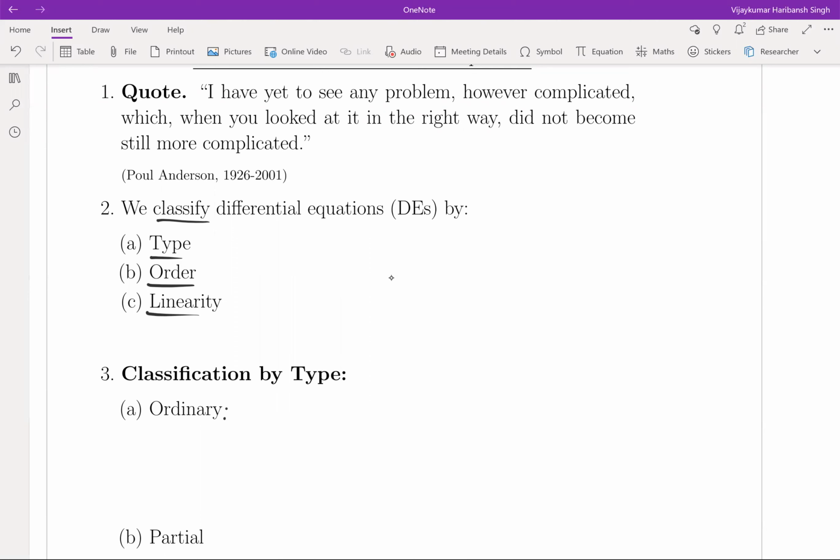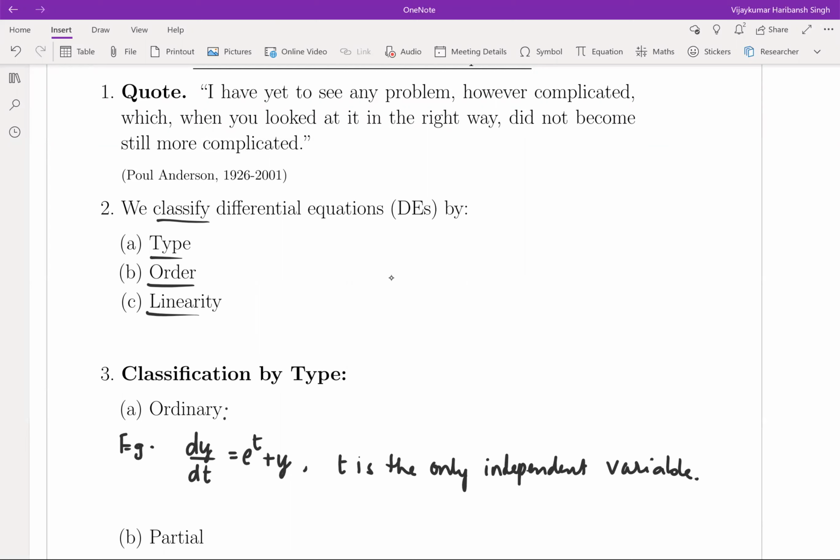So let me give you an example. Differential equation dy by dt equals e to the power t plus y. This is an example of an ordinary differential equation where t is the only independent variable. So you have d by dt.